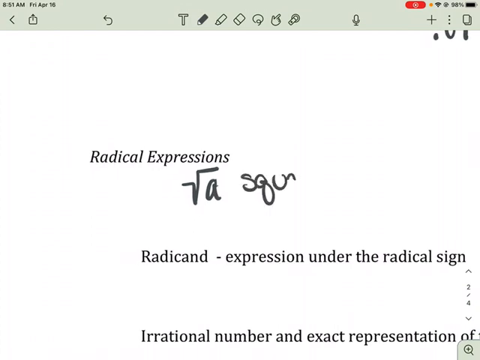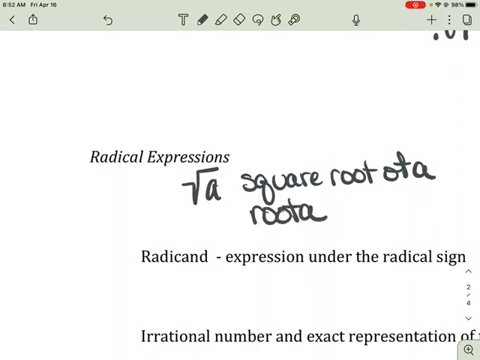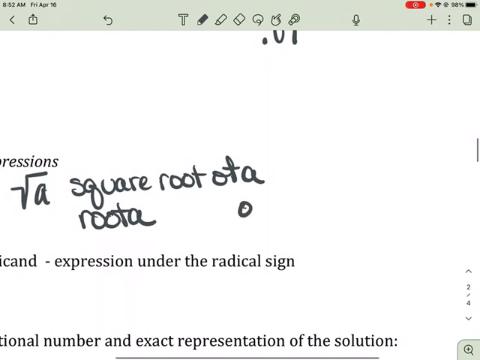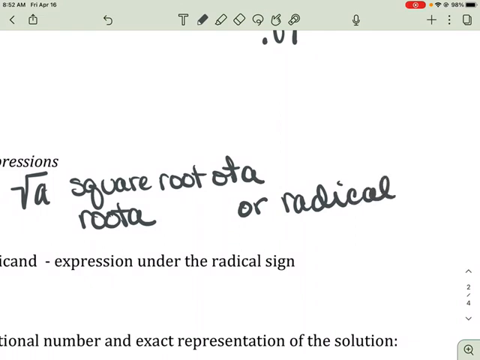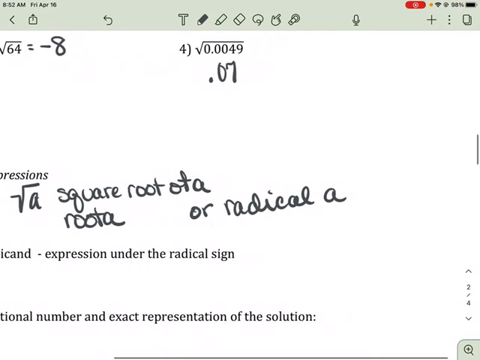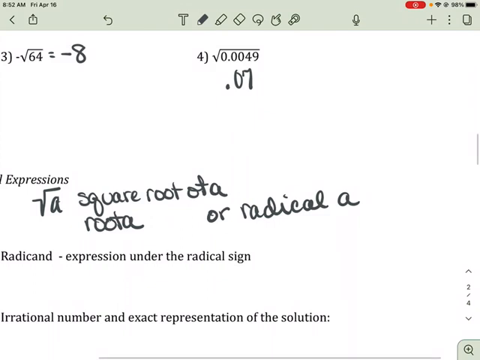We would say the square root of a. You can also call this root a, or radical a, though I don't usually refer to it as radical. You're going to hear me say square root or root.